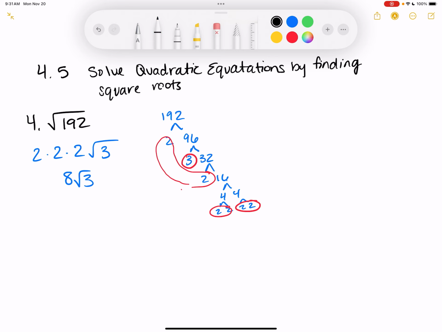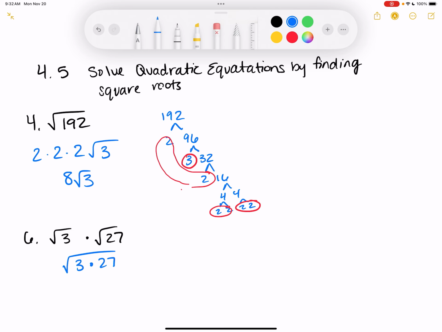So now that's just if they give you just a radical and then some number under it. Sometimes they'll also give you something like the square root of 3 times the square root of 27. And so when you multiply square roots, we can multiply what's inside of them. So this would be the same thing as the square root of 3 times 27.